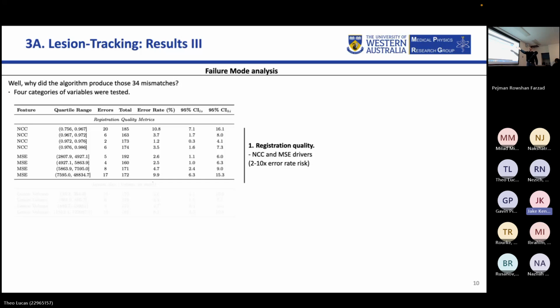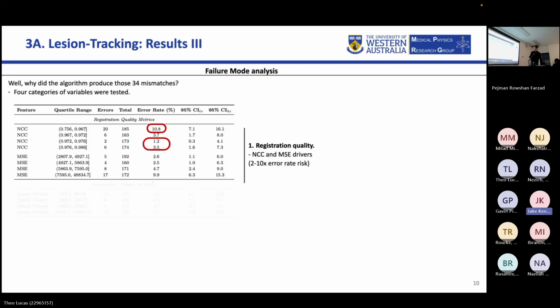So I computed the normalized cross-correlation coefficient and mean squared error, which are ways to assess the linear intensity differences. I computed one value for the 132 patients and then divided those into quartiles. And in every quartile, I asked how many errors were made in that quartile.